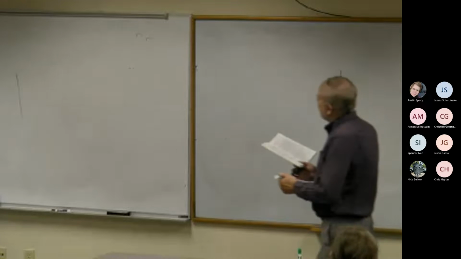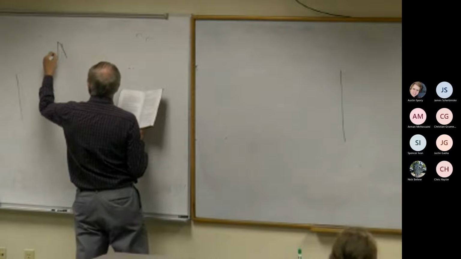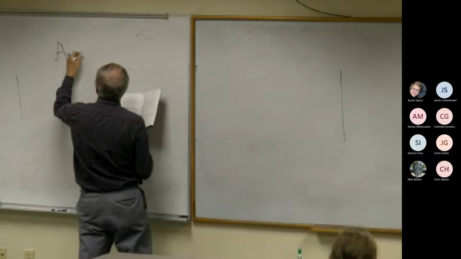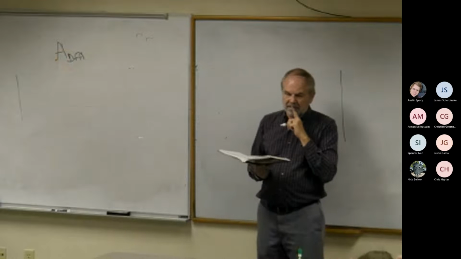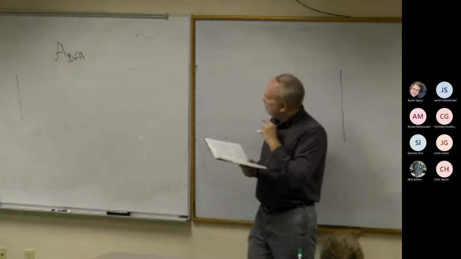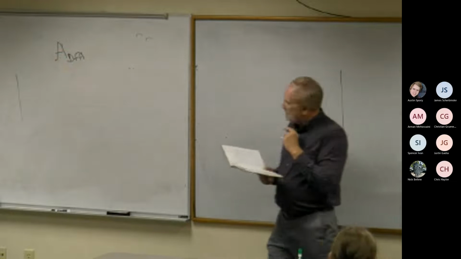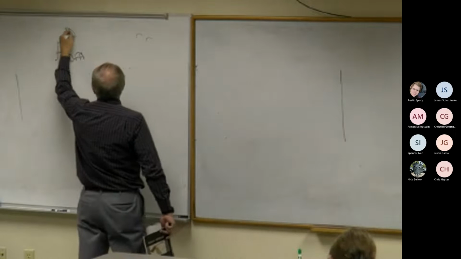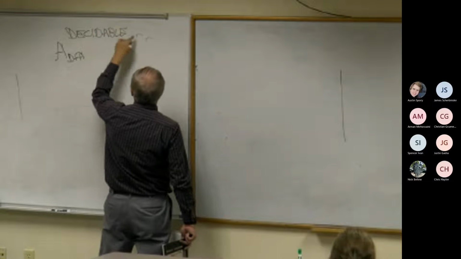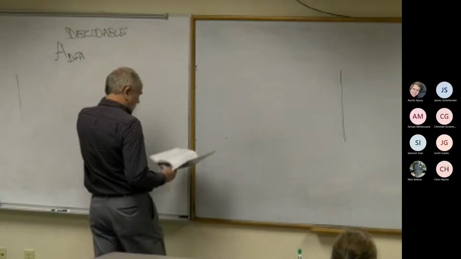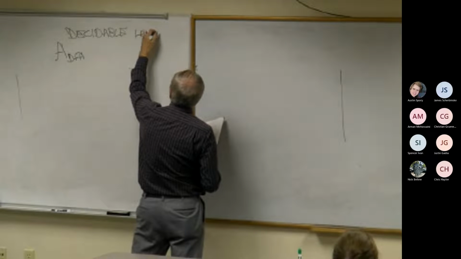So we started off last time, and you should be aware of the notation that we're using. Acceptance of a language by a DFA is what that shorthand means. And these are decidable languages that we're talking about.